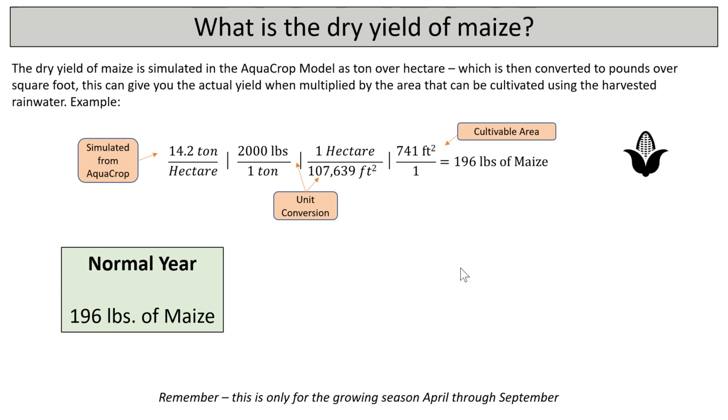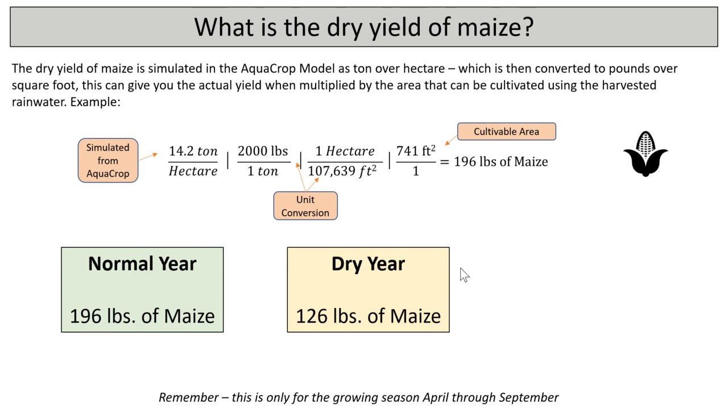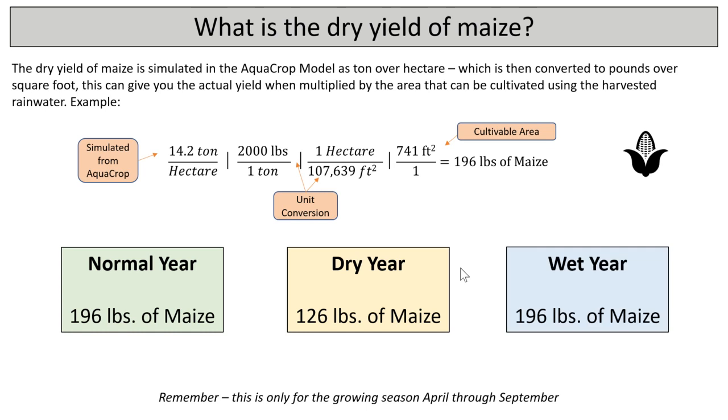So again, this is only for a normal year. So what about a dry and wet year? For a dry year, we should expect less at 126 pounds of maize or corn. And then for a wet year, we actually get about the same as a normal year. And that's what I mentioned about some interesting things that I saw with the data, which I will be discussing in our run-through example in video 6.